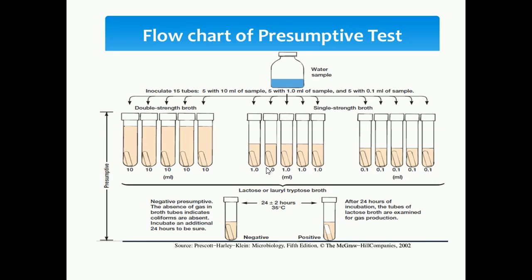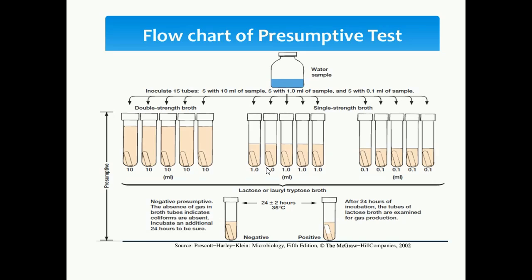Then 1 ml water sample in 5 test tubes and 0.1 ml water sample in another 5 test tubes. These 15 test tubes are inoculated with samples as well as placed with Durham's tubes. We are observing the small test tube-like inverted materials, which are nothing but the Durham's tubes.